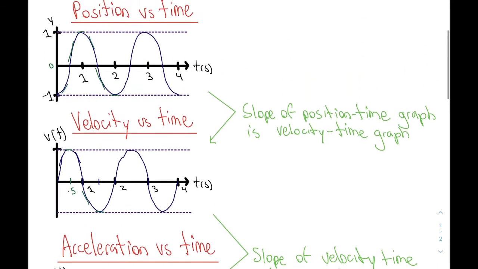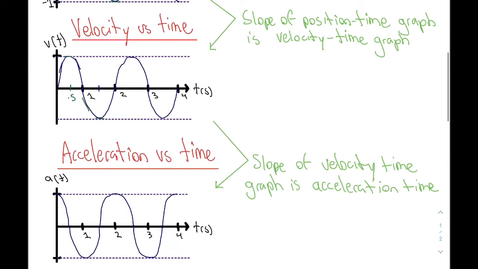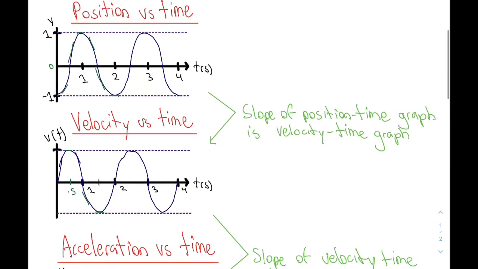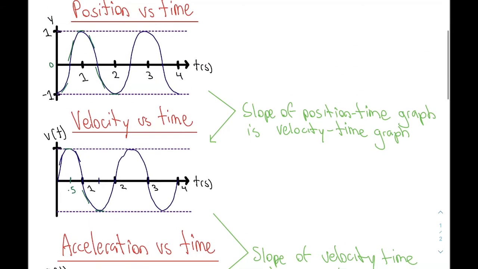So these are the graphs of position time, velocity time, and acceleration versus time, based on our knowledge that the derivative of position time is velocity time and the derivative of velocity time is acceleration time.